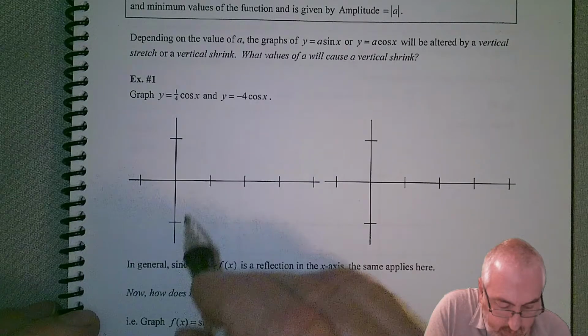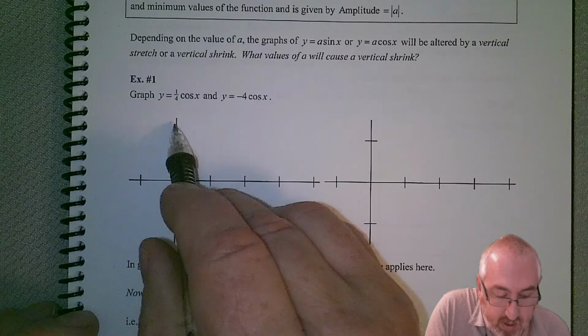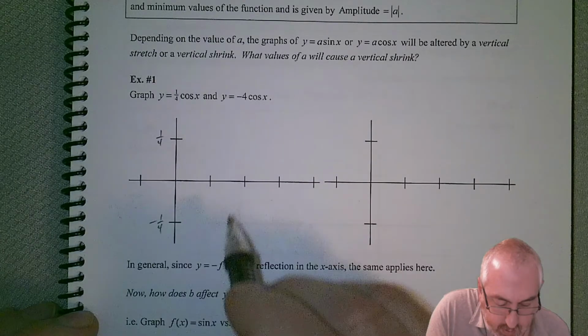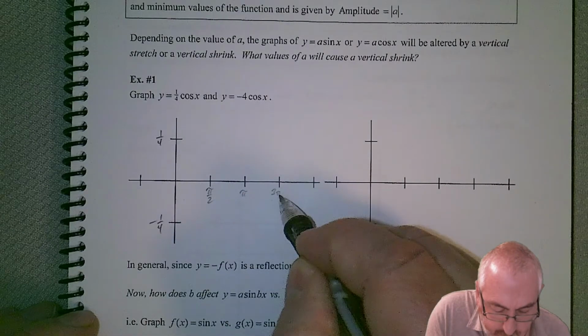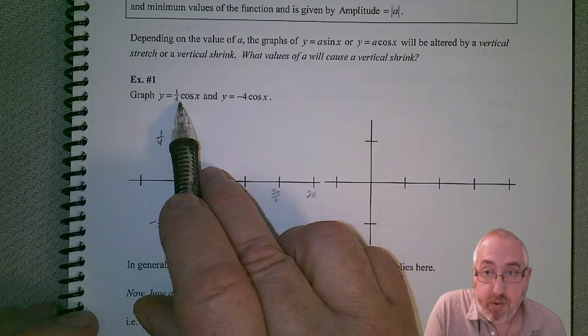So now, instead of starting at 1, because there's a quarter in here, we know that the highest value should be a quarter and that the lowest should be negative a quarter. The x values don't change. We'll be tackling that later. So we've accounted for the amplitude being 1/4.